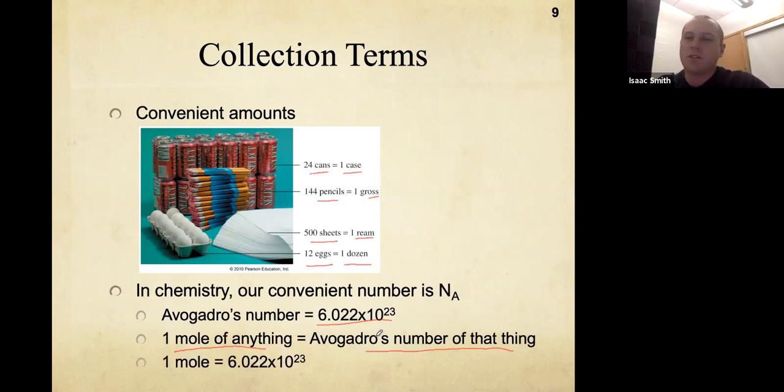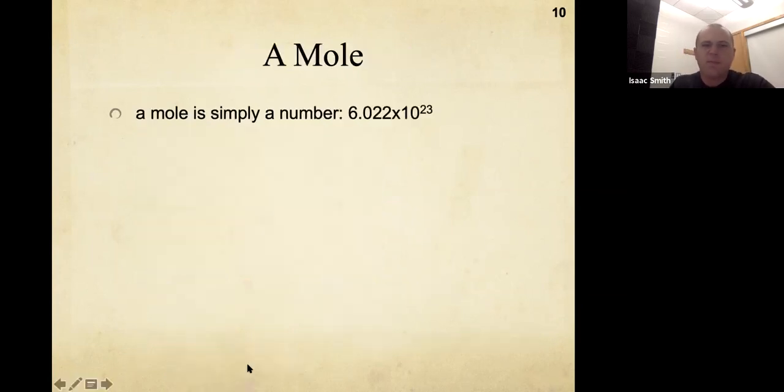In our case, we usually use mole to represent the number of molecules in something. So 1 mole equals this, just like 1 dozen equals 12. Hopefully that's clear. It's just a convenient amount of something. That's all it is. A mole is simply a number.